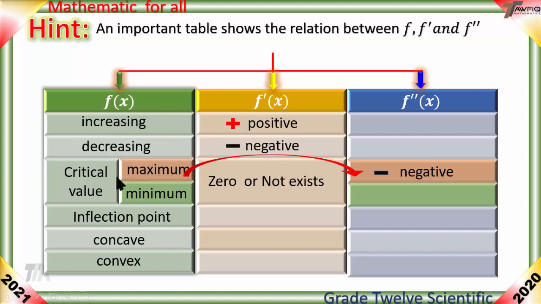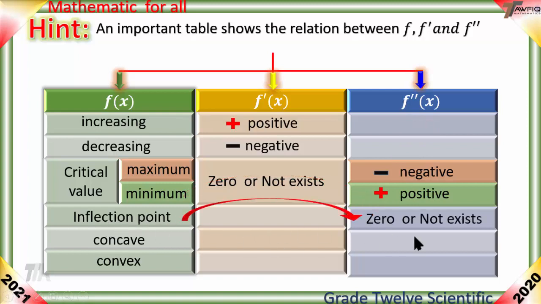If the critical point has a maximum, then the value of f double prime of x is negative. At the minimum, the value of f double prime is positive. At the inflection point, the value of f double prime of x is 0 or does not exist. Because there it is 0 or does not exist, that means the first derivative almost has a maximum or the minimum, local maximum or the local minimum.